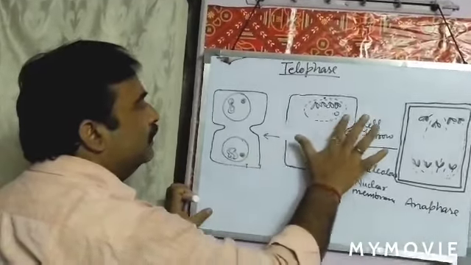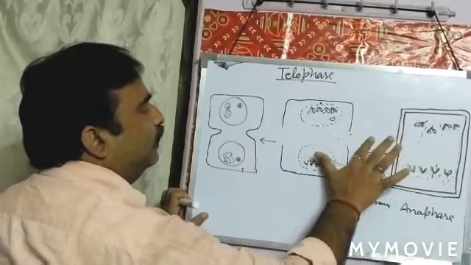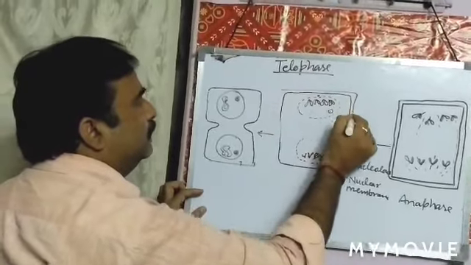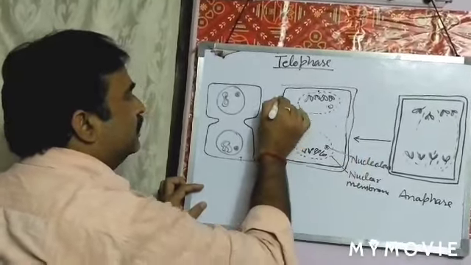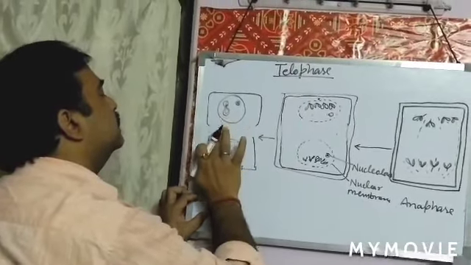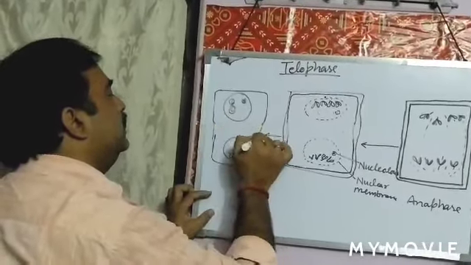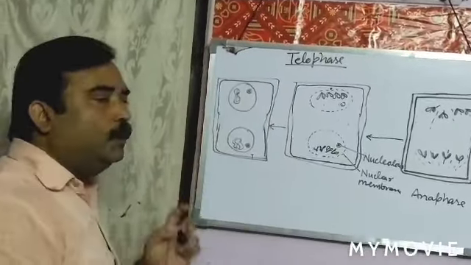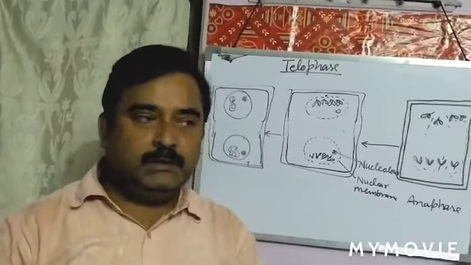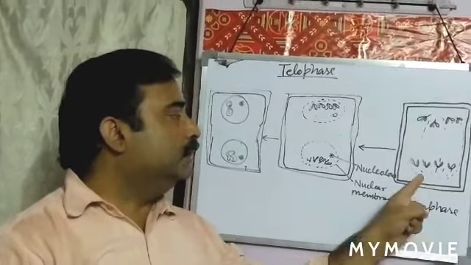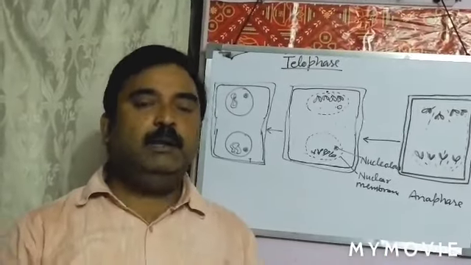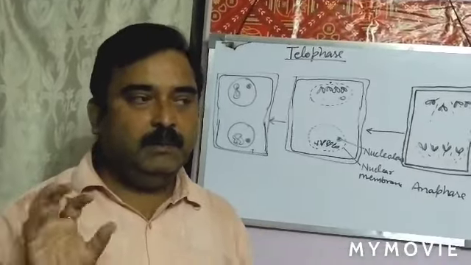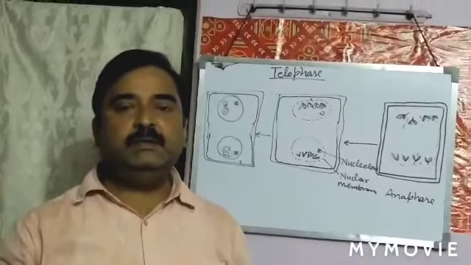And one more thing, there is no formation of a furrow in the cell membrane, because the cell wall present around it is a rigid covering. So this is the basic difference of karyokinesis in plant cell and animal cell. In the plant cell there are no centrioles, and there is one more protective covering, the cell wall. Normally a question arises: is the given diagram a plant cell or an animal cell? Justify your statement.